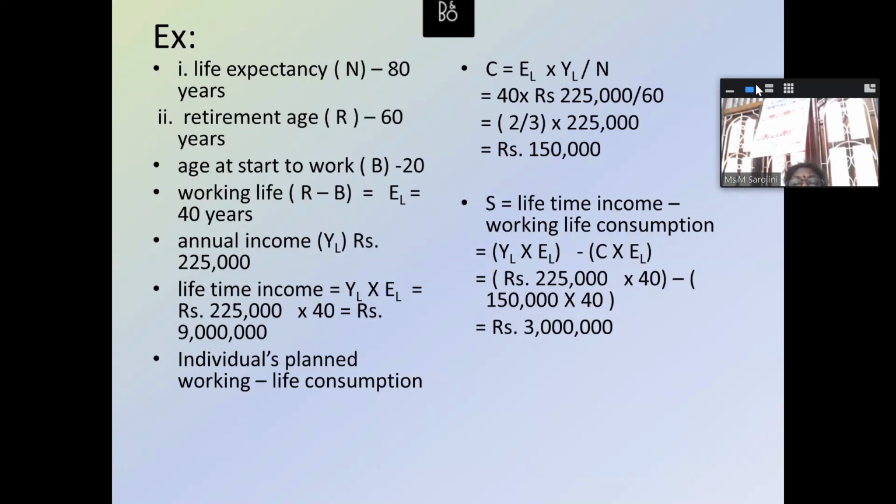Living period means life expectancy minus age at start, birth. Then you have to find the lifetime income. Lifetime income is equal to annual income into lifetime earning period, that is EL.